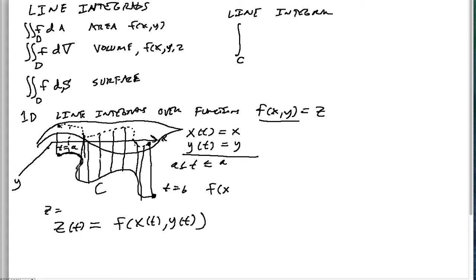We're going to call that our curve going through space. We'll call that C, and this defines C. And we're going to integrate f of x comma y ds, and this is a lowercase s. So this is a small line segment.